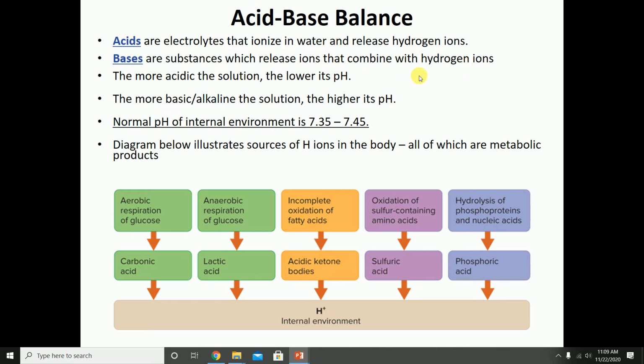The more hydrogen ions that an acid can produce, the stronger the acidity, and that would lead to a lower pH.